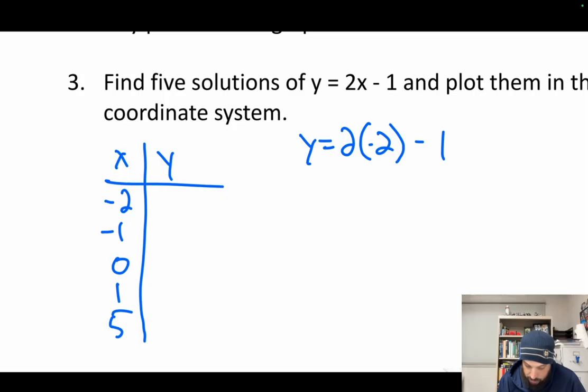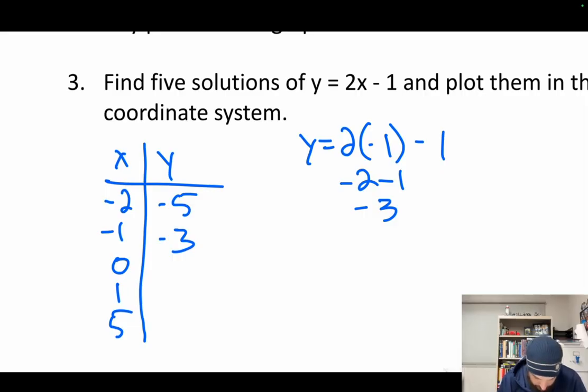So 2 times -2 is -4, minus 1, so that gives me -5. And then if I do the same with -1, that gives me -3. And then work your way down. That should be a +2 there.